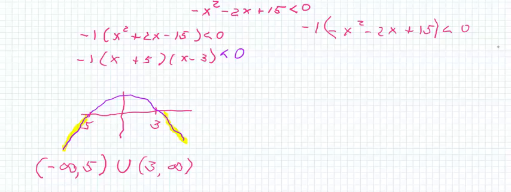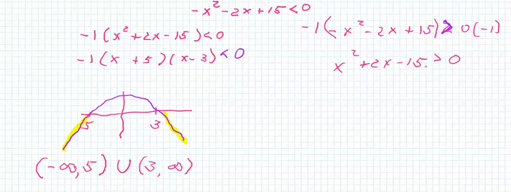Multiply by -1, multiply by -1, and I get x squared. Oh, change the direction. And so I end up with x squared plus 2x minus 15 greater than 0.